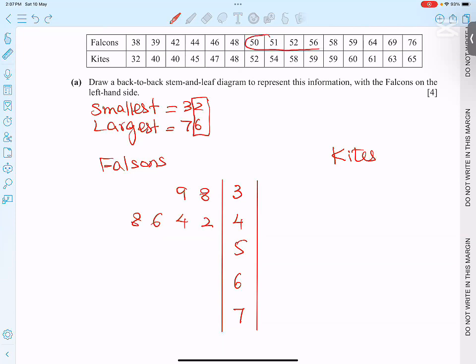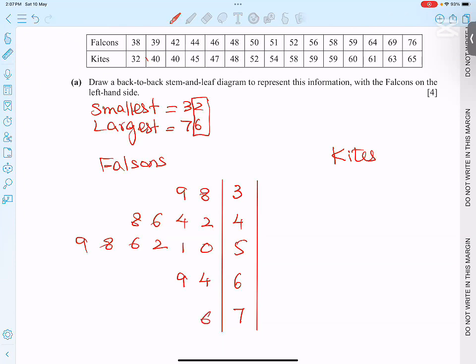In the 50s: 0, 1, 2, 6, 8, and 9. And now 60s. There are 2 values in the 60s, 4 and 9. And 1 value of 70s is 76. I hope so. There's nothing hard at all.